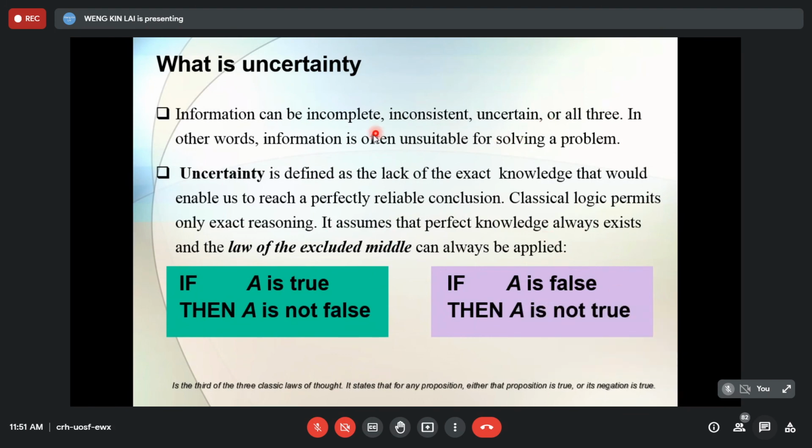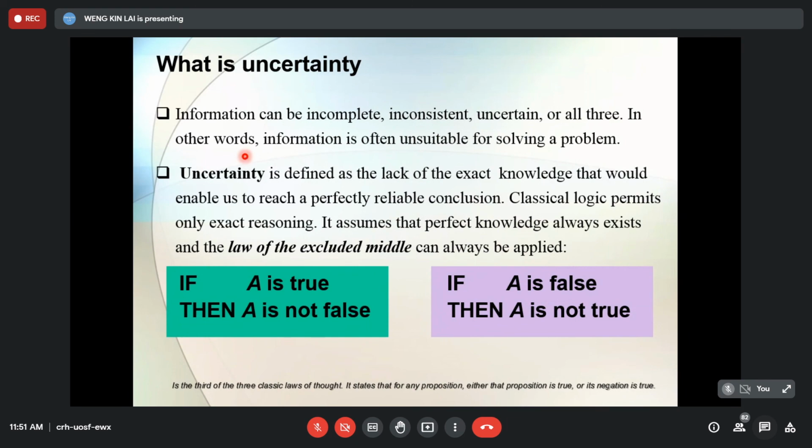Or uncertain, or all three together. So it's actually even worse: the information you have is incomplete, inconsistent and also uncertain. As a result, the criticism is that information is often unsuitable for solving a problem because of that.